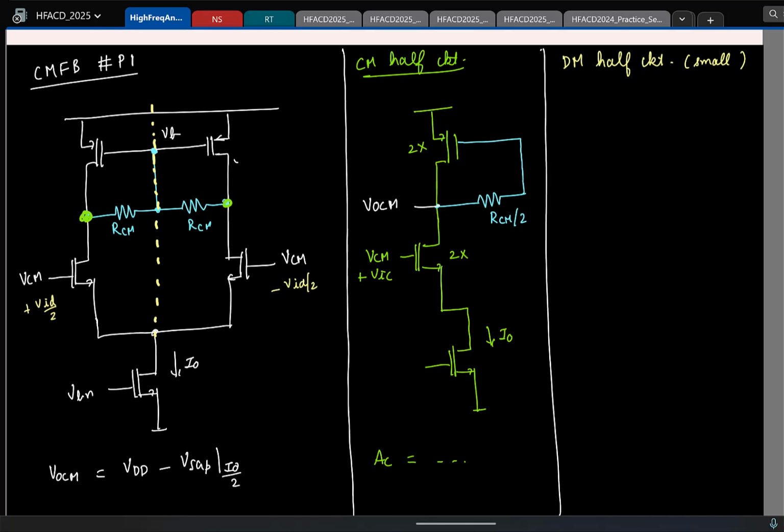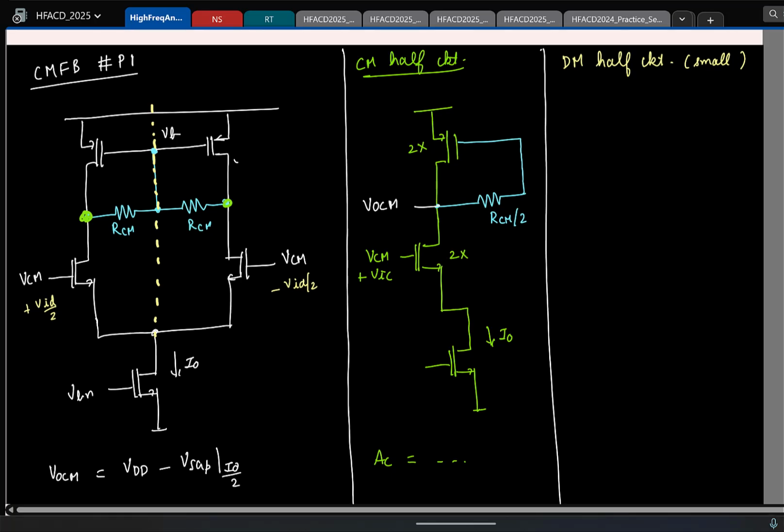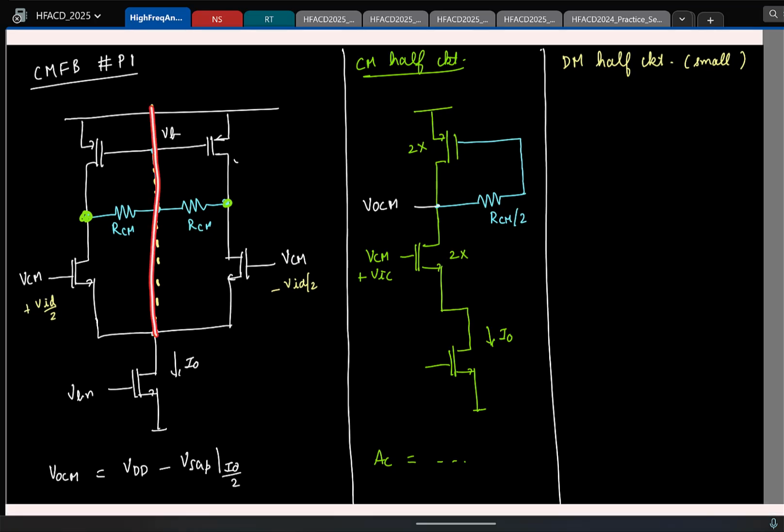Because when I apply differential mode signals, they are all small signals, and the fact that the nodes along this line of symmetry are incrementally short works only for linear networks, right? Only for small signals this is linear. So this is the incremental differential mode half circuit.